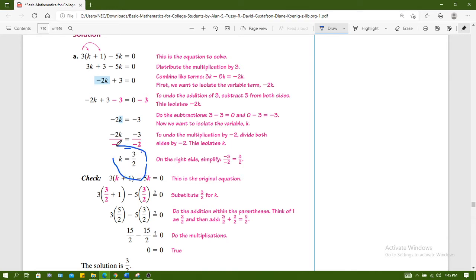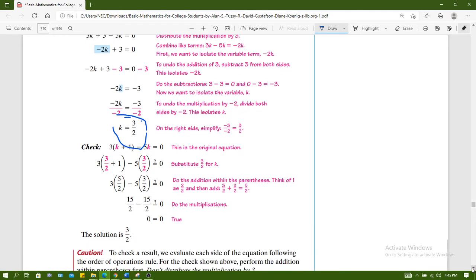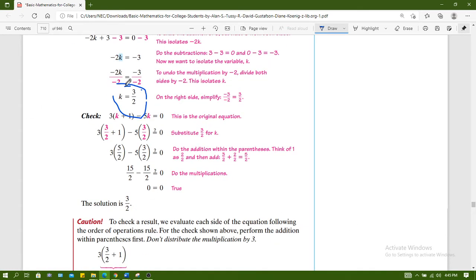Now, let's proceed to check if the value that we get from this equivalent equation is a solution. So, substitute 3 halves for k. So, 3 times 3 is 9 over 2. That could be plus 1. And we can also combine that. So, 1 with a denominator of 2, you get 2 divided by 2, no?